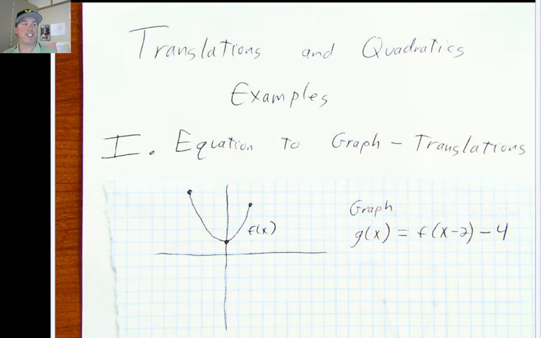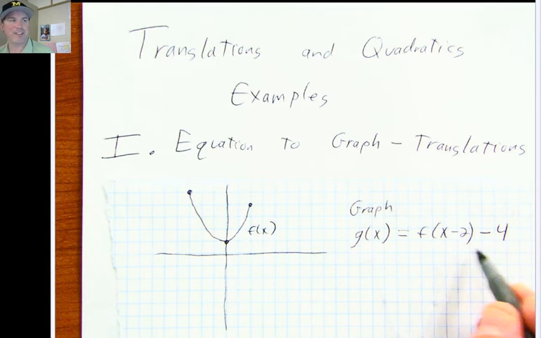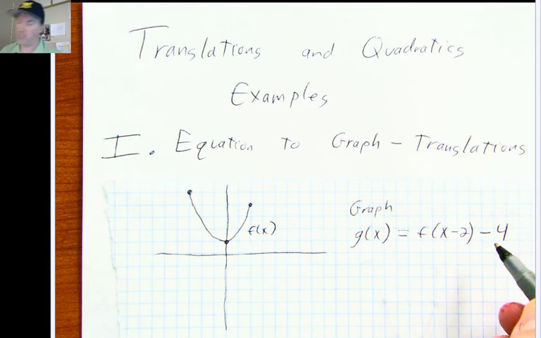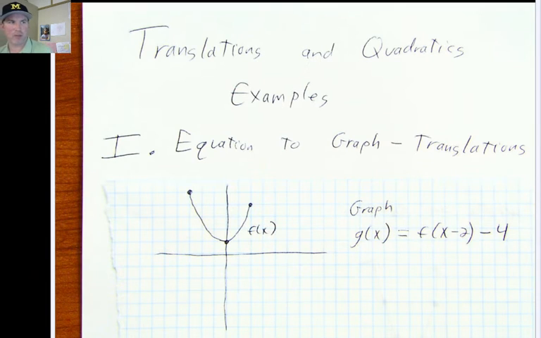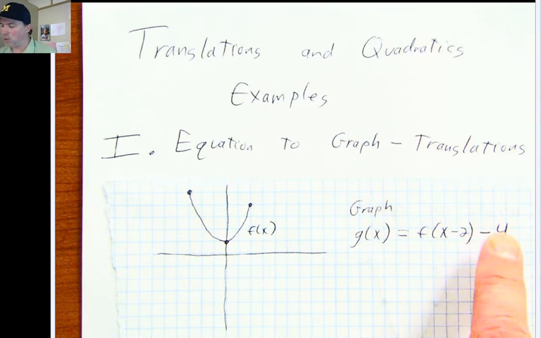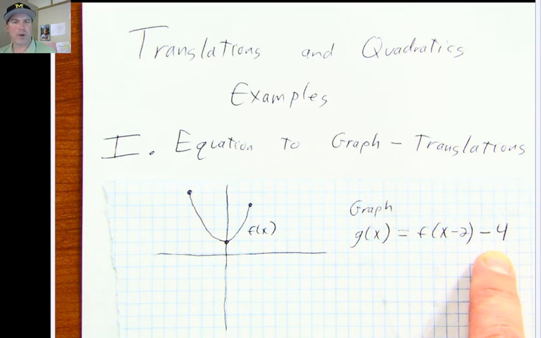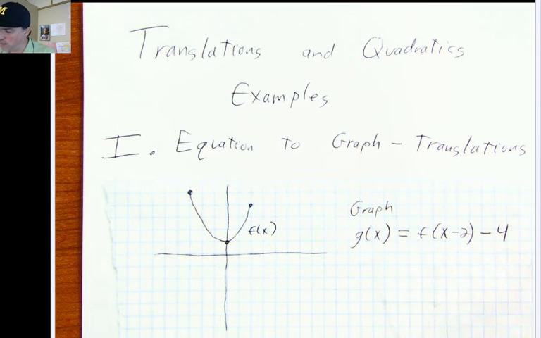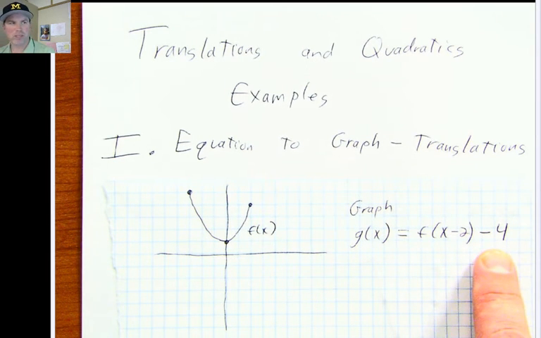The skill that's needed here is to be able to look at an equation and identify what transformations are happening. One thing I said yesterday is that if it's happening outside the function, like this -4, that's going to control whether your graph goes up or down. So if you're going -4, it's going down, so your graph is going to go down 4.